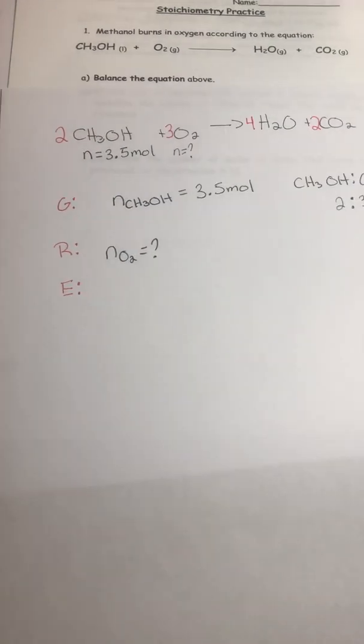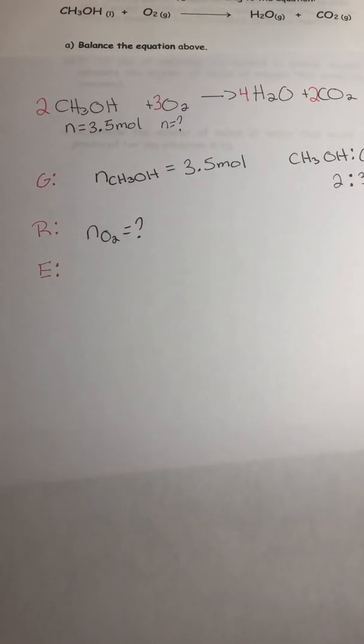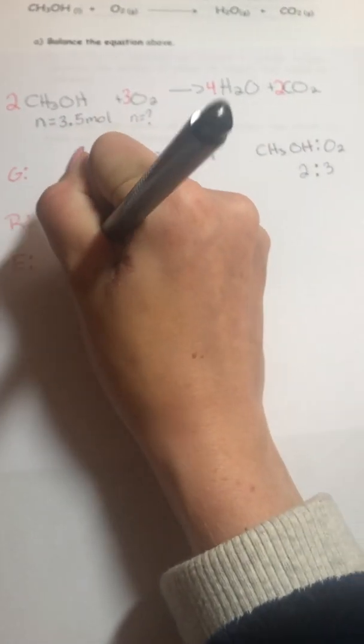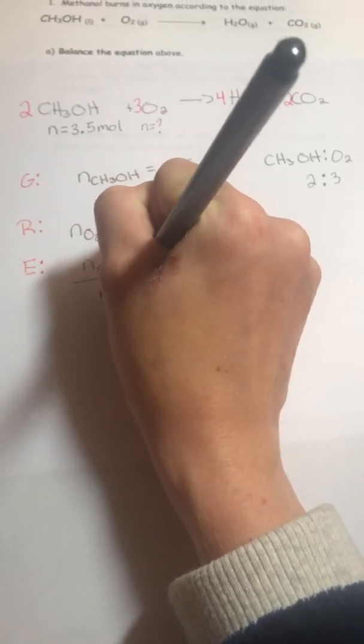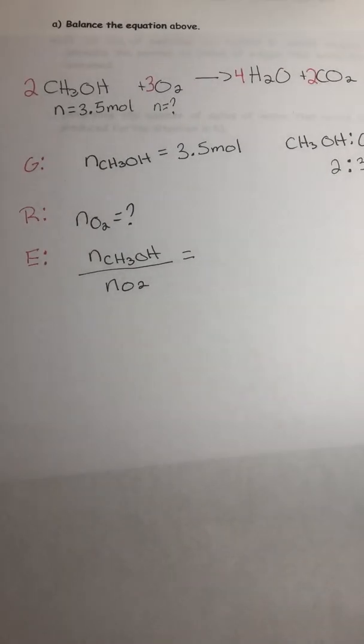Equation. So we do our stoichiometry equation, so the moles of the known compound, so it's going to be N of CH3OH over the moles of our unknown, O2. And then the coefficient for CH3OH is 2, so I put that at top.